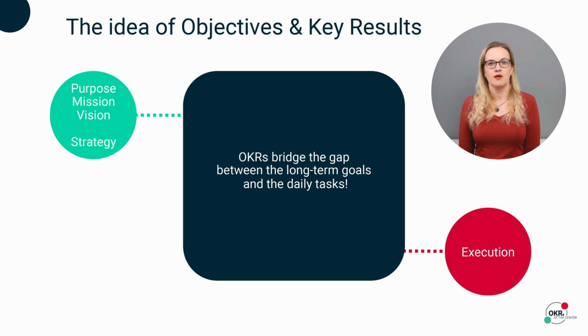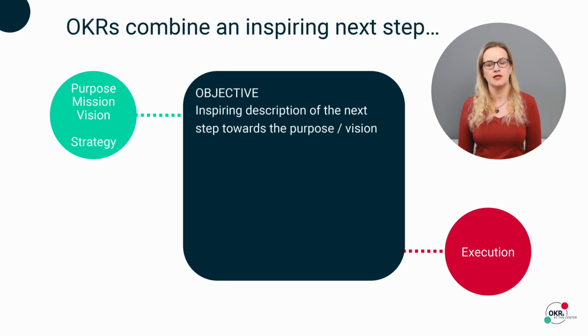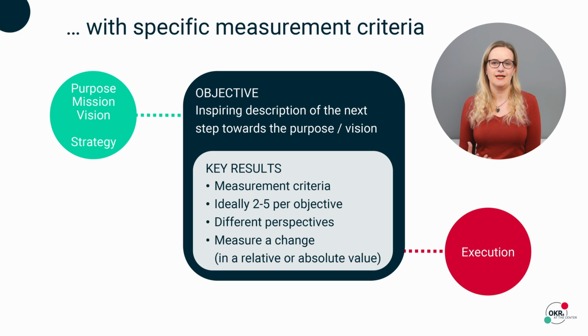They do that by describing the next important step in the so-called objective. So the objective is an inspiring description of the next important step towards your vision or your next strategy topic. And they combine these objectives with measurable items, so-called key results.